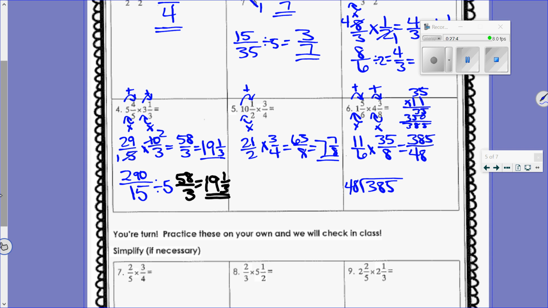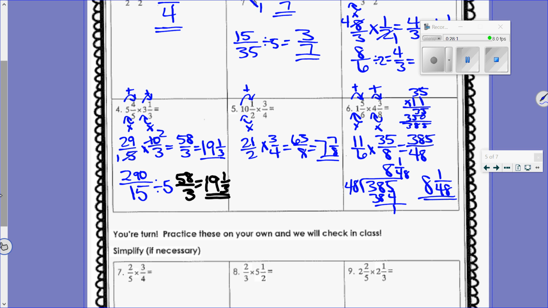So that's going to be my first check. It should be close. We'll see how close we get. So 8 times 8 is 64 with 6. 8 times 4 is 32 and 6 is 38. Yeah, that was good. So that's just one left over. So 8 and 1 out of 48. So there's our answer. 8 and 1/48.